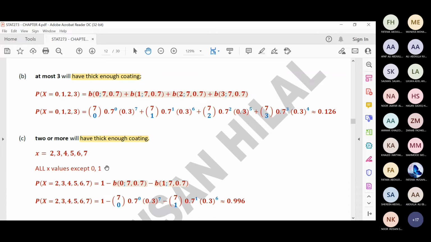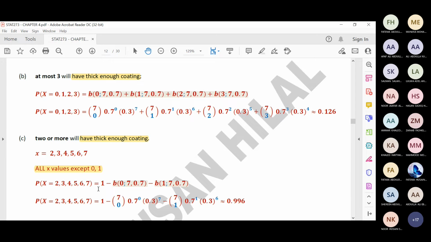I started from 2 to 7, which means I considered all except 0 and 1. Now this statement, fortunately, I can do more easily. All, 1 except minus, so you need to substitute only twice. See how many times you substitute? Only twice. Much simpler than substituting for 2, 3, 4, 5, 6, and 7, all of them.